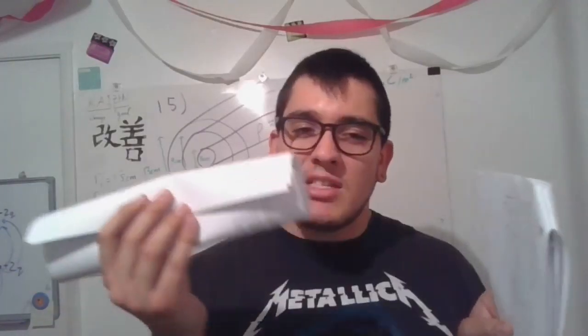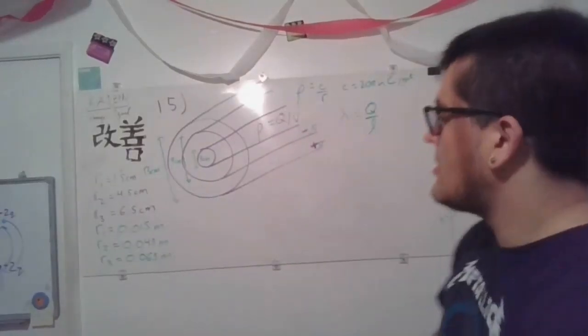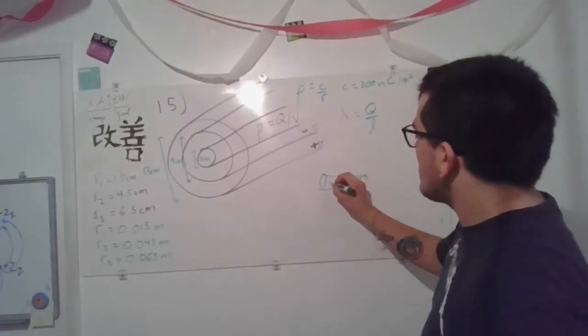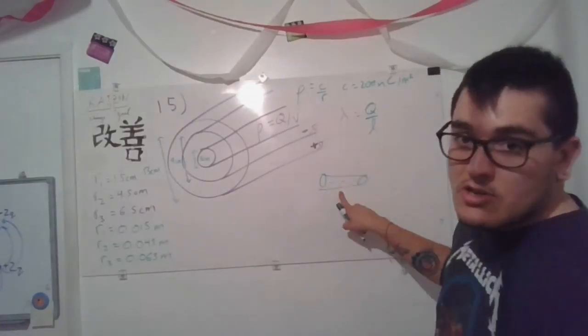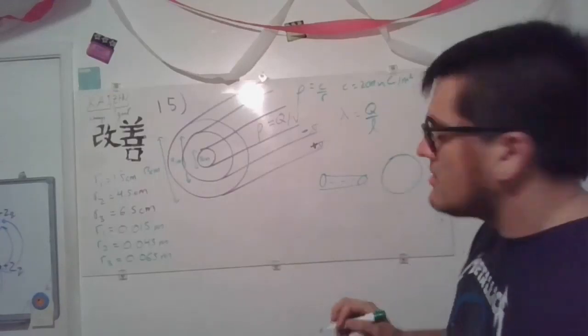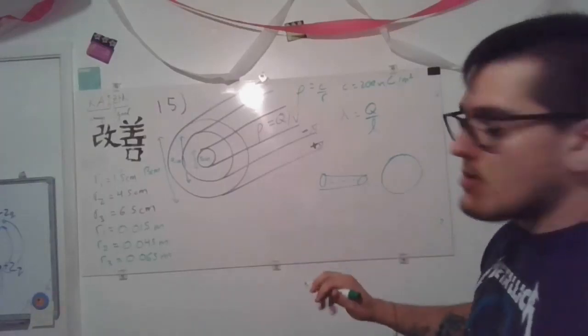Let's just say this has positive charge, right? The picture will help. So say the rod has negative charge. And here's a sphere instead, and the sphere is neutral.